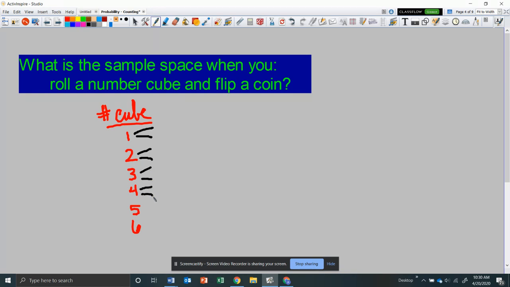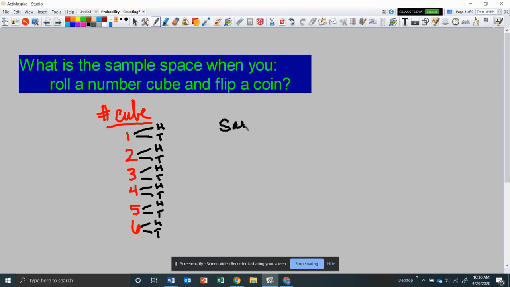So there's 2 things that can happen in the second thing. I could roll a 3 and get heads or tails. I could roll a 4 and get heads or tails. I could roll a 5 and get heads or tails. I could roll a 6 and get heads or tails.